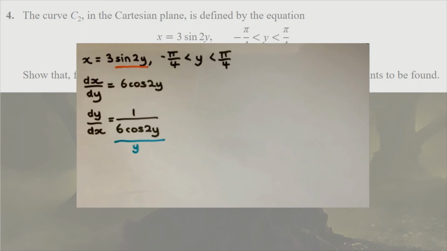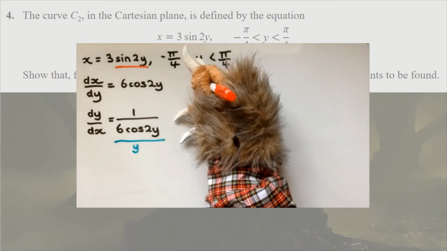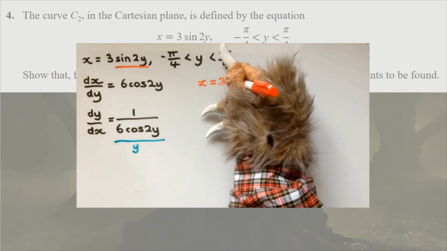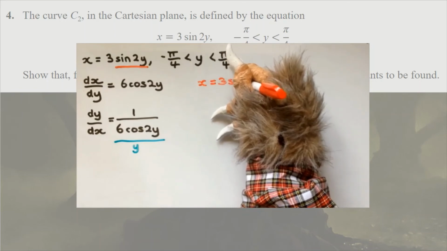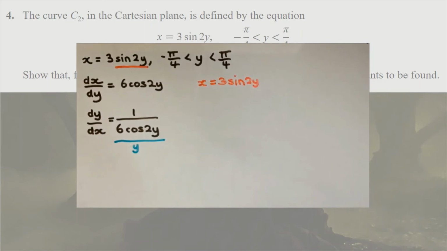Let's work on that. How are cos of 2y and sine of 2y linked? That's what you should be thinking. Well, if x, I'm just going to write this up here, equals 3 sine of 2y, then let's make sine of 2y the subject.